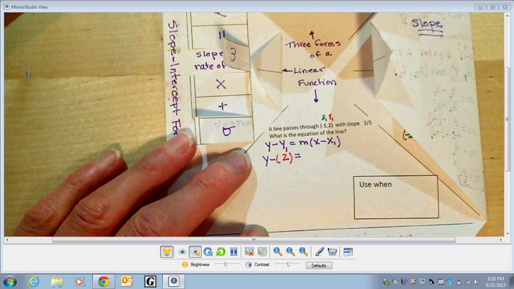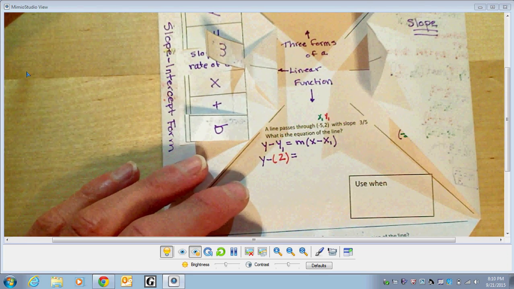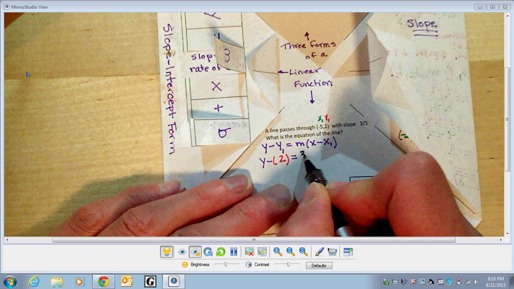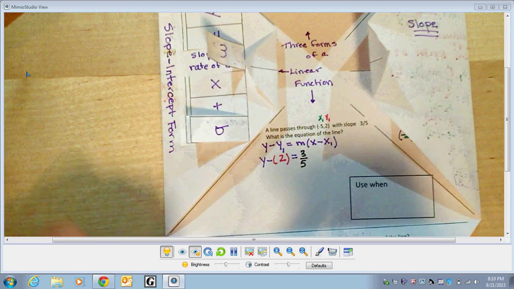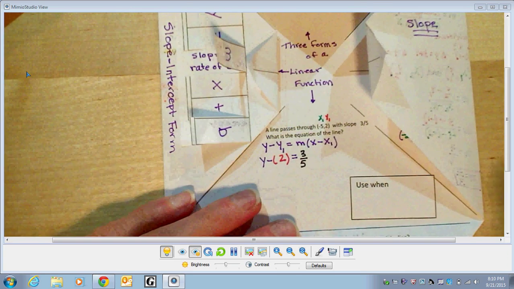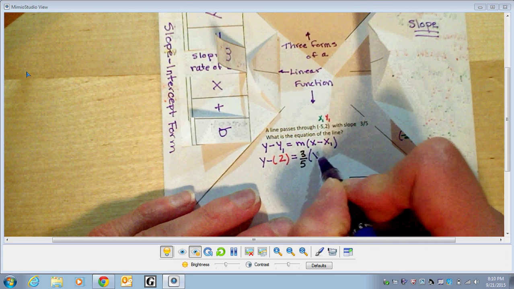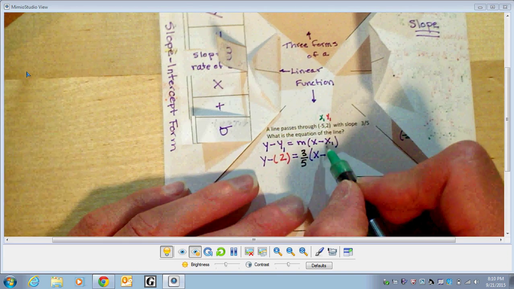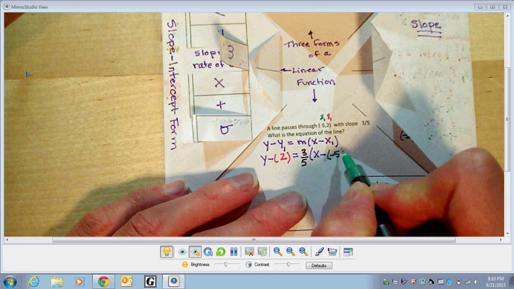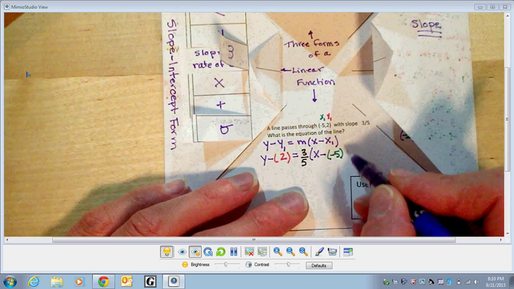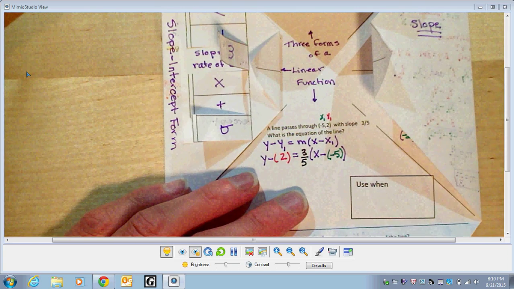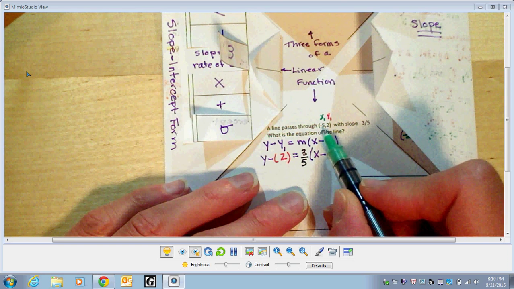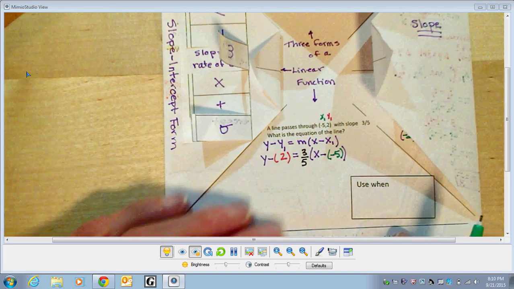So my slope, I will use black for slope, is 3/5, times x minus, well, what's x1? x1 is -5. So again, I just want to point out that this negative here is not the same as this negative with the 5. That's why it's a double negative like that.